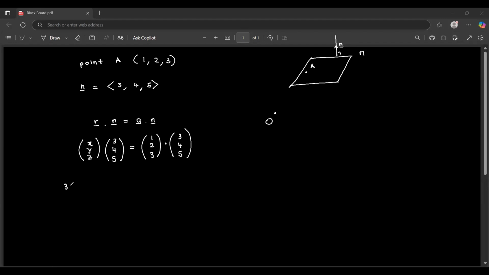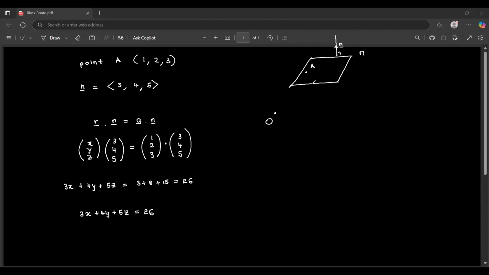So we have 3x plus 4y plus 5z is equal to 3 plus 8 plus 15, which is equal to 26. So the Cartesian equation can be given as 3x plus 4y plus 5z is equal to 26.